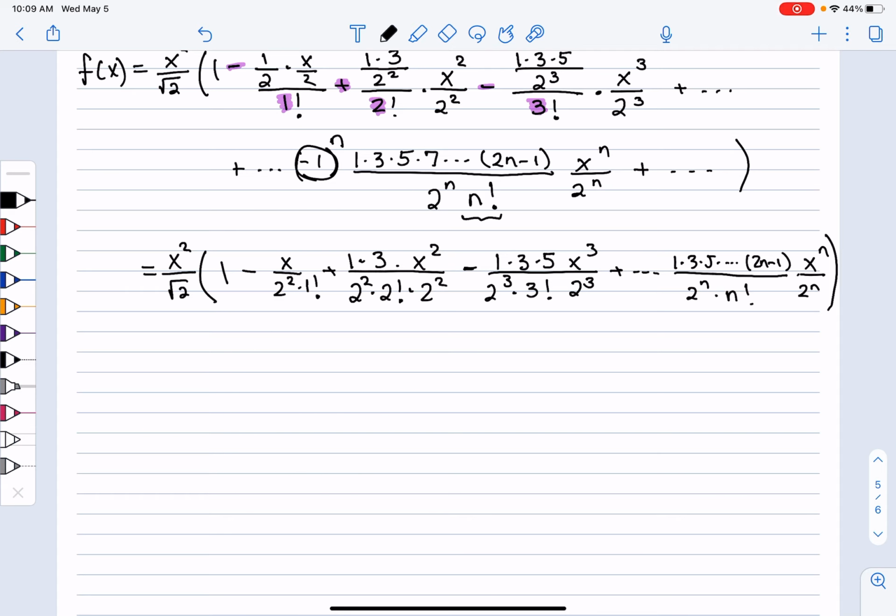I'm going to distribute the x squared and leave the radical outside.